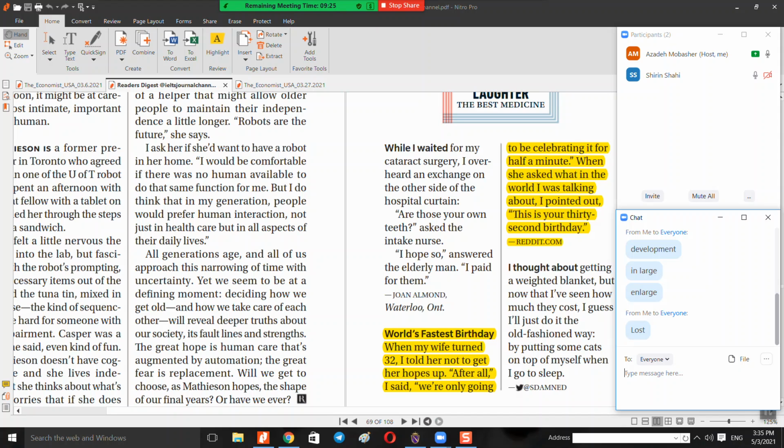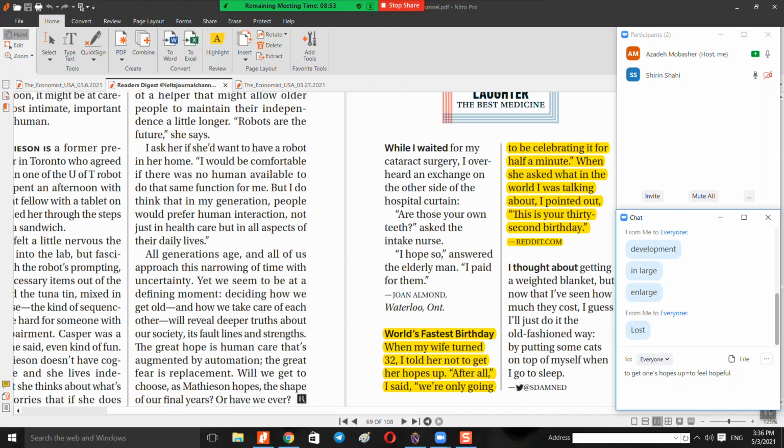Okay, wait. What does it mean? What is the structure in this sentence? And then tell me what it means. I told her not to get her hopes up. Not to get your hopes up.